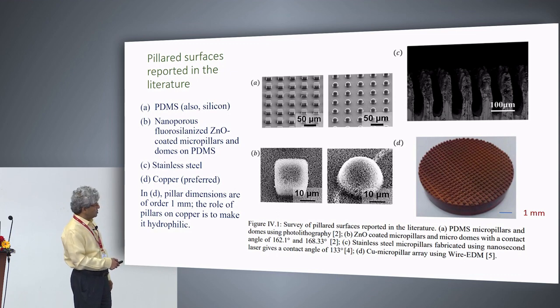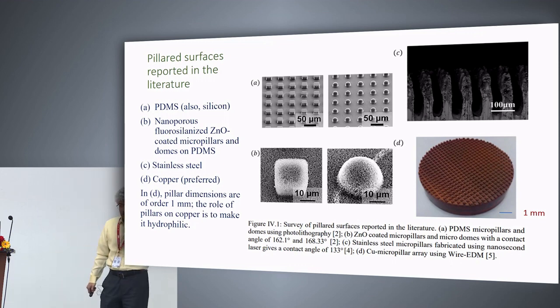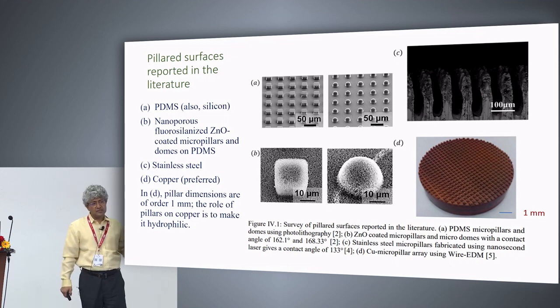At least with the resources we have, we are able to make short pillars on silicon wafers, but when we move on to metallic surfaces, which is what is used in water production, the pillars are much larger.